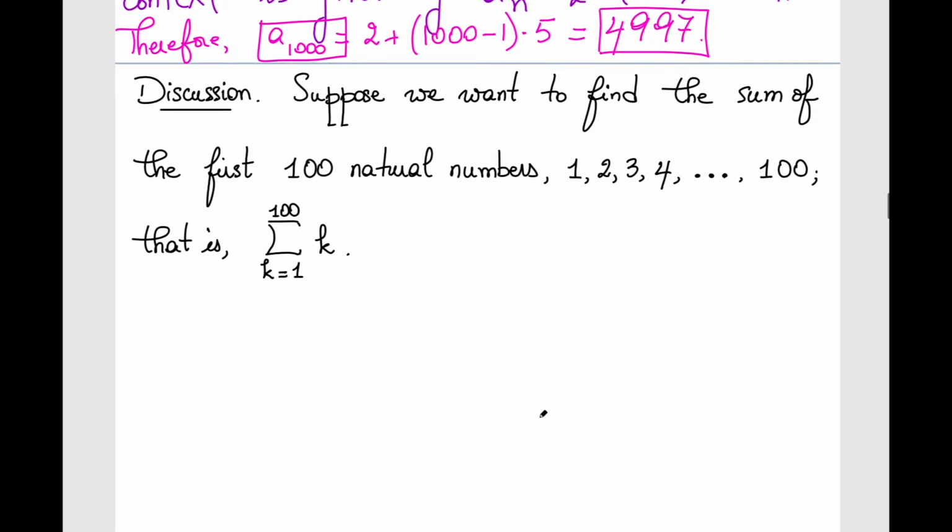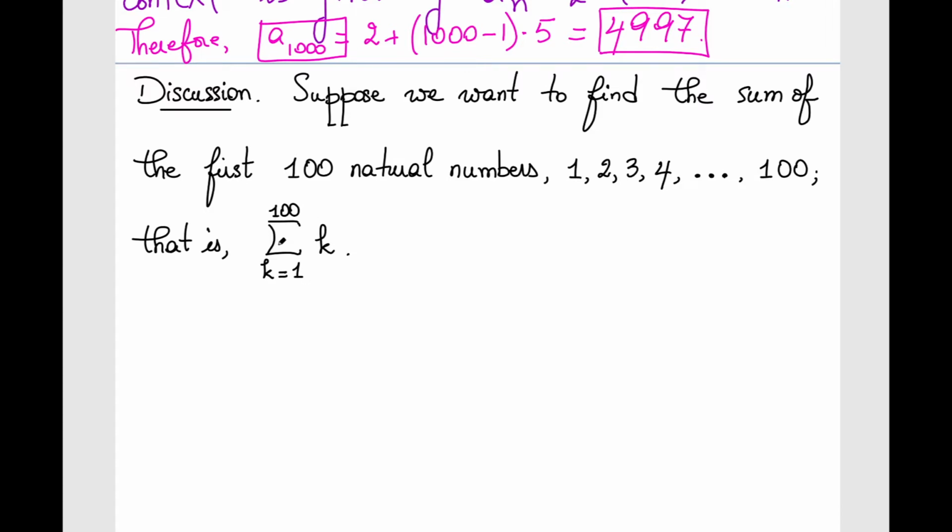All right, let's have the following discussion now. Suppose we want to find the sum of the first 100 natural numbers, the first 100 positive integers, 1, 2, 3, 4, 5, etc., all the way to 100. Remember the summation notation? I want to find the sum of terms k, where k ranges from 1 to 100. So this is 1 plus 2 plus 3 plus 4, etc., all the way to 100. Technically this is the 100th partial sum.